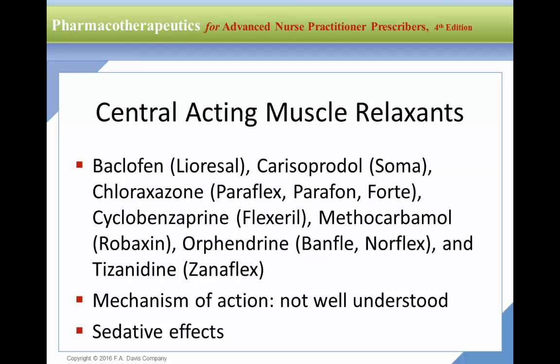So let's talk about the muscle relaxants. And we do have baclofen as well as carisoprodol, Soma.